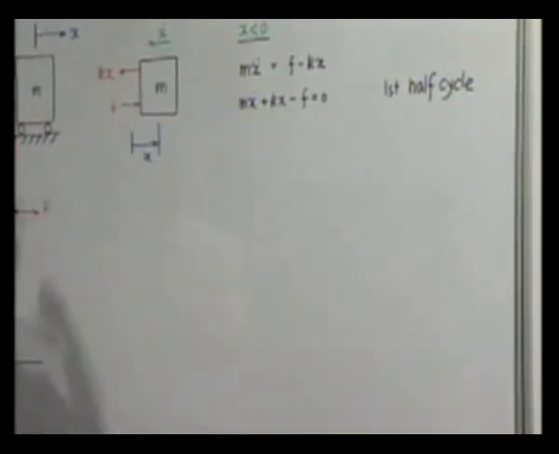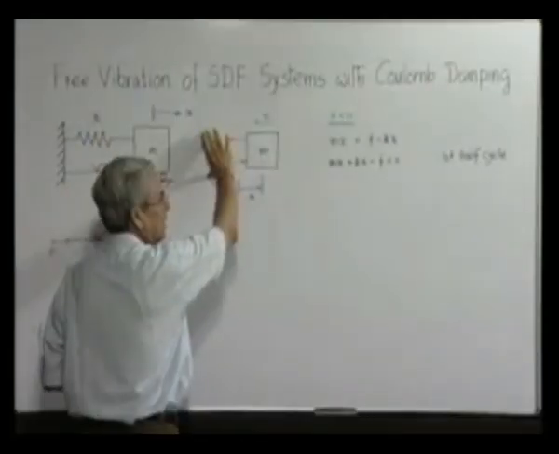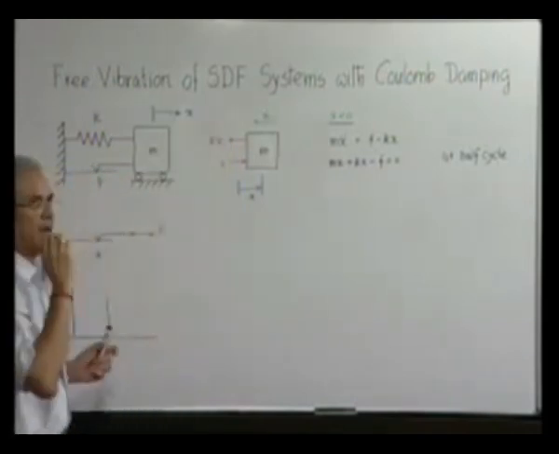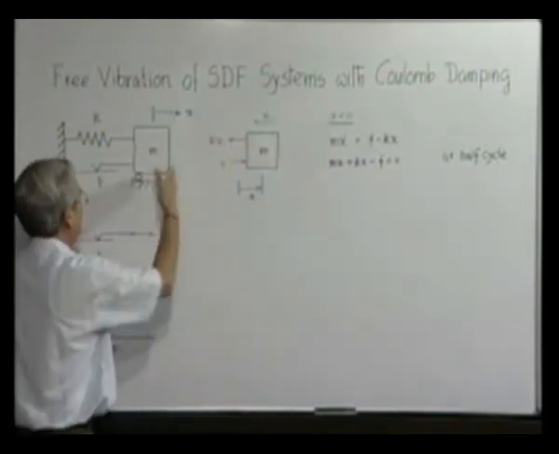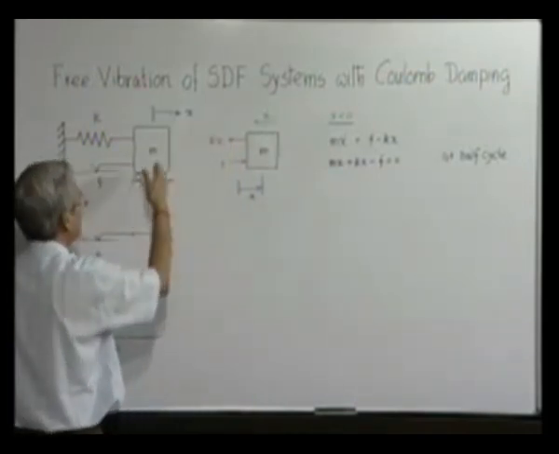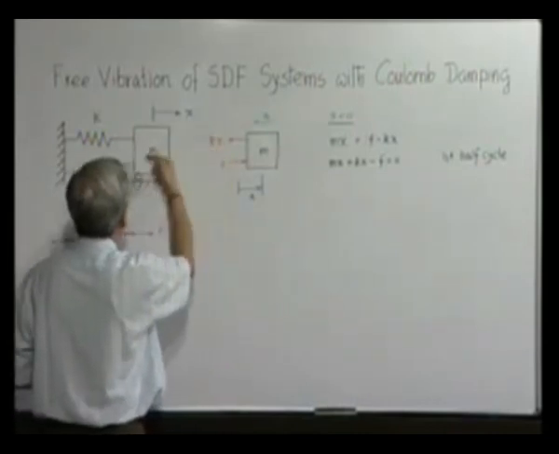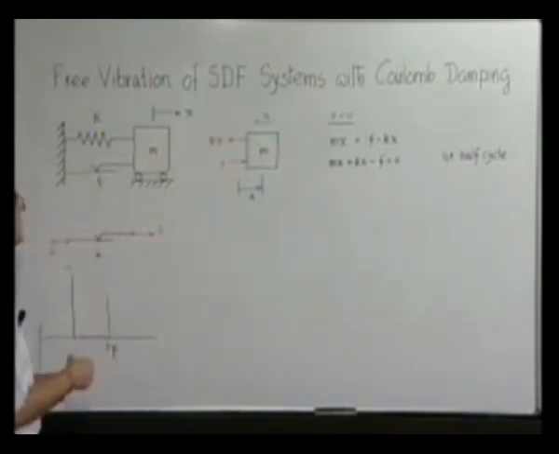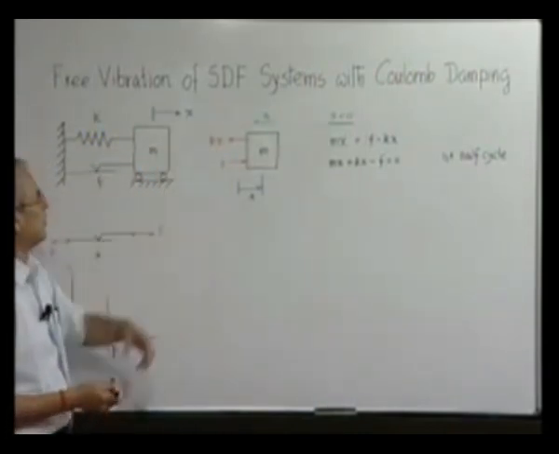So, how are we doing? We are stretching this to some position and leaving it and allowing it to oscillate. So, during the first half cycle, that means from this extreme position to the other extreme position, x dot is negative, and this is the equation of motion.